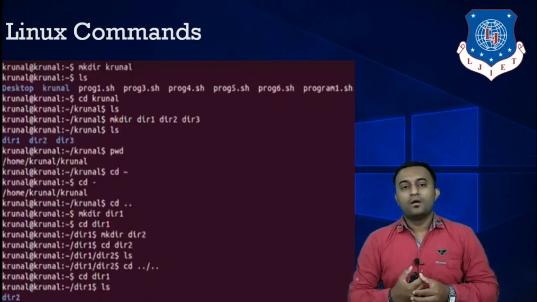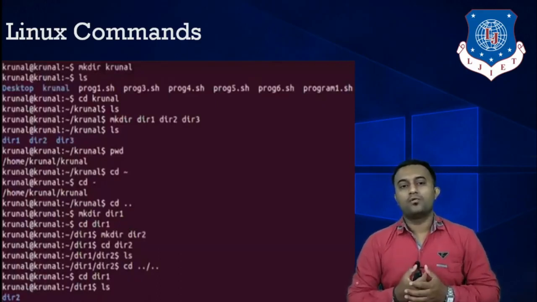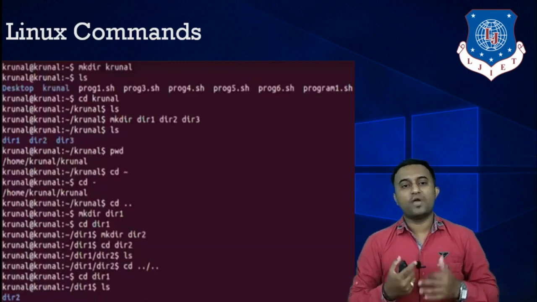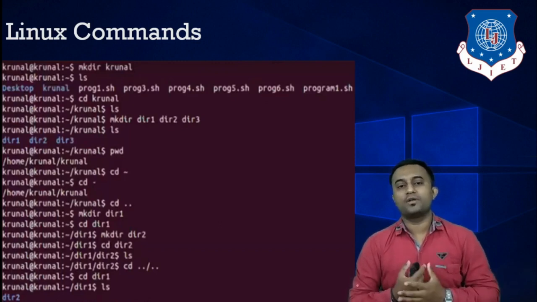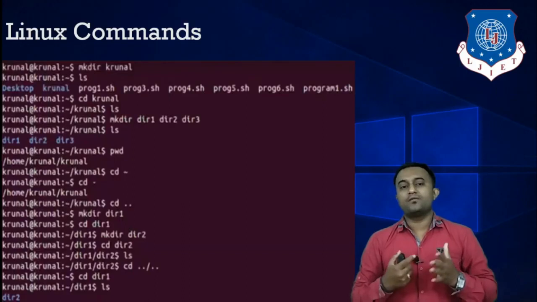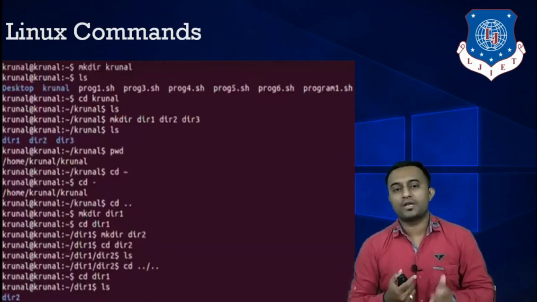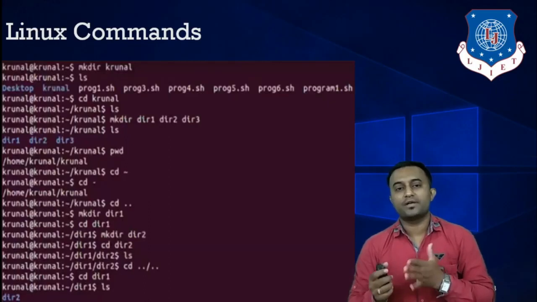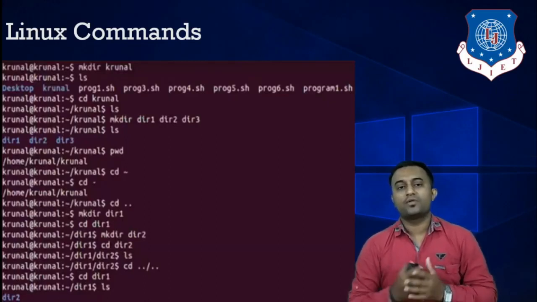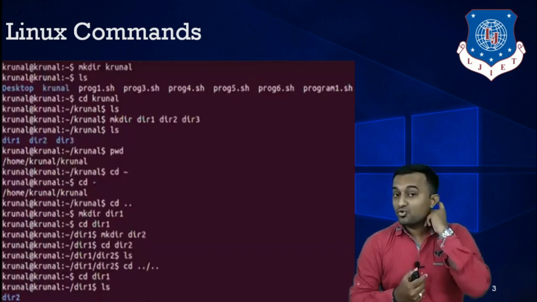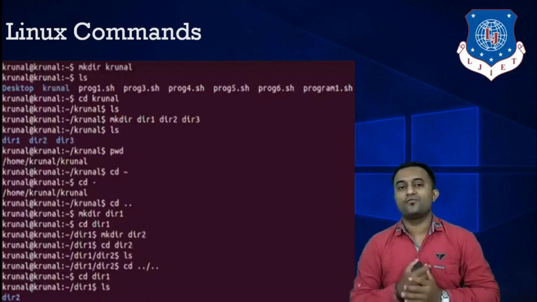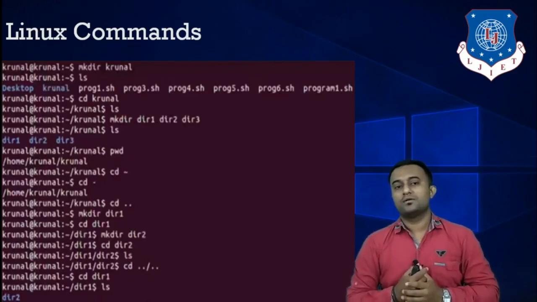Then suppose you have a directory and you want to create one more directory, like in directory 1 I need to create one more directory called directory 2. So mkdir directory 2, I need to create. Then you can fire the ls command.